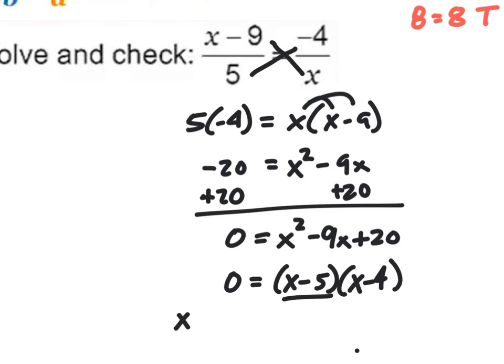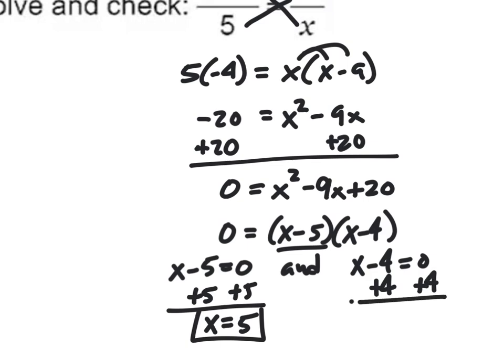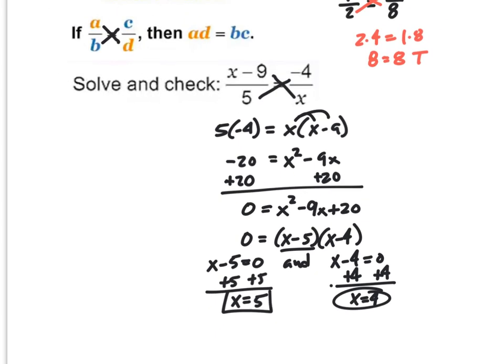Set x minus 5 equal to 0 and set x minus 4 equal to 0. If I add 5 to both sides, then I get that x is equal to 5. And if I add 4 to both sides, then I get that x is equal to 4. So those are my solutions for this problem.